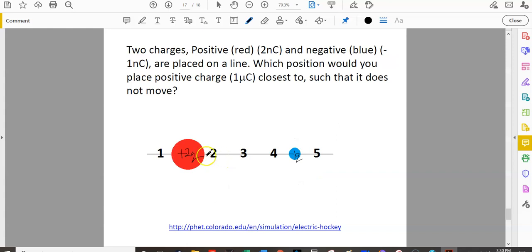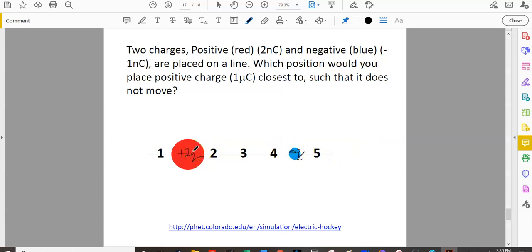All right, now let's move on. Here you have a positive 2q, here you have a negative 1q, and they're anchored in place. Blue is negative. Those two charges are anchored in place.